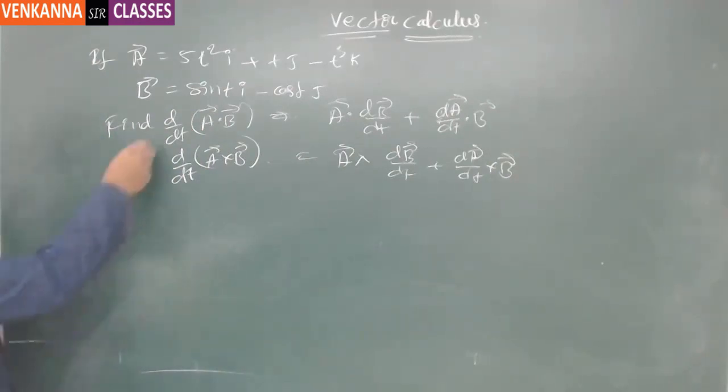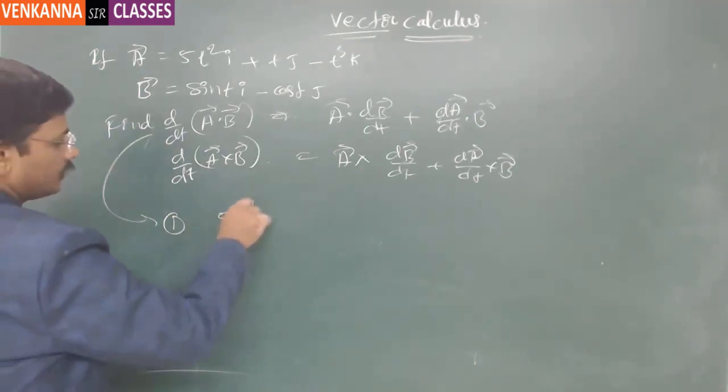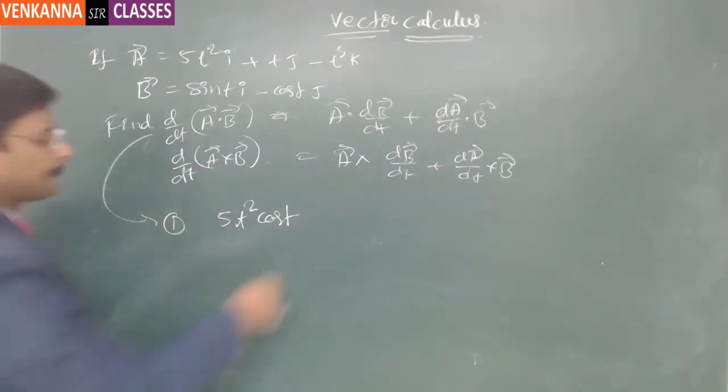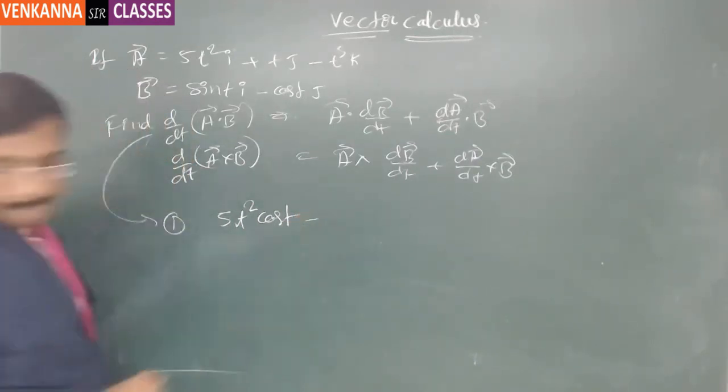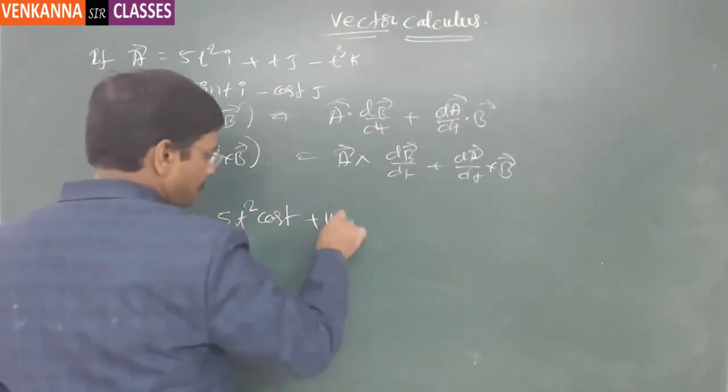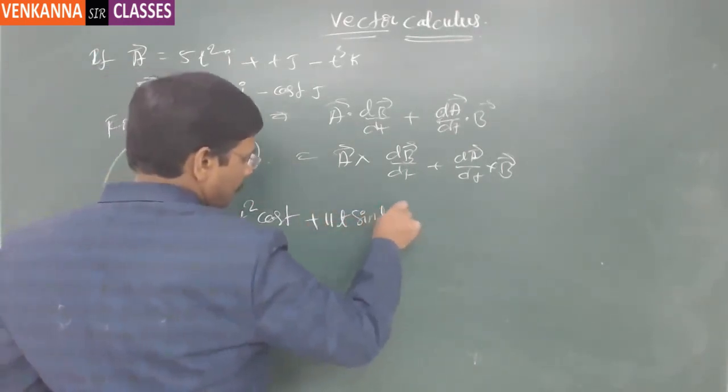So the first one, this answer is 5t square cos t plus 11t sin t minus cos t.